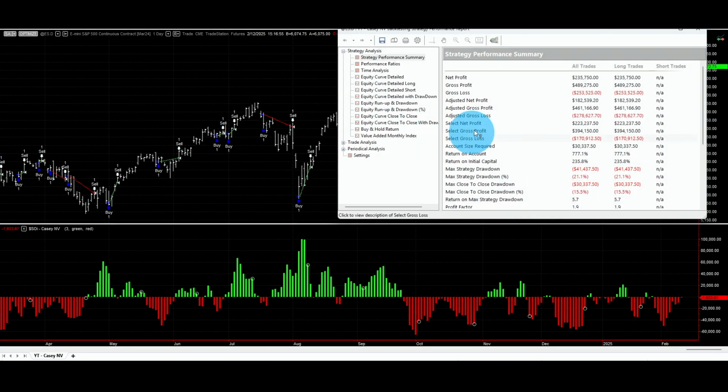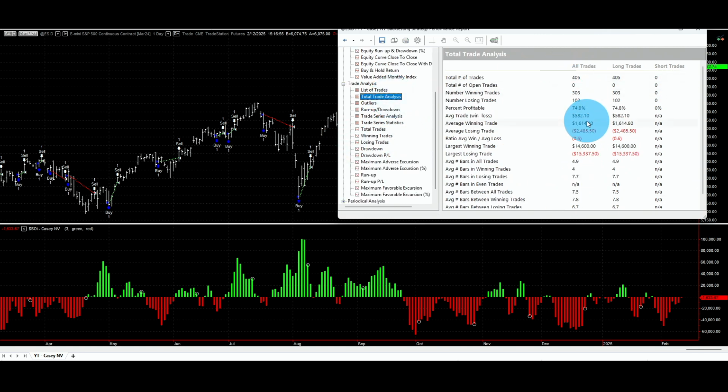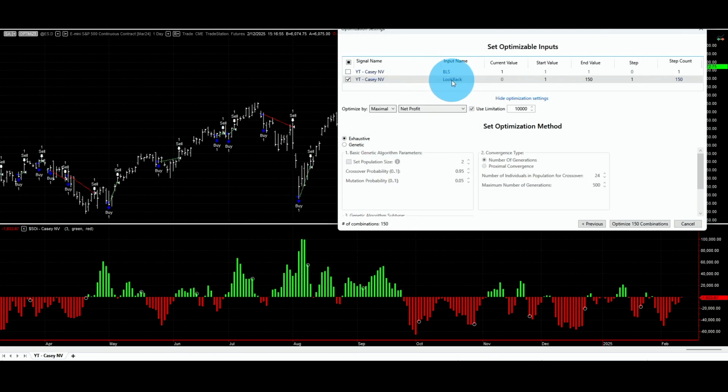So first of all, these are the results of the RSI strategy, $235,000 with 5.7 return to drawdown ratio and about 400 trades, 74% win rate, and about $580 on average. So we will test the look back of the KCNV indicator from 0 to 150.